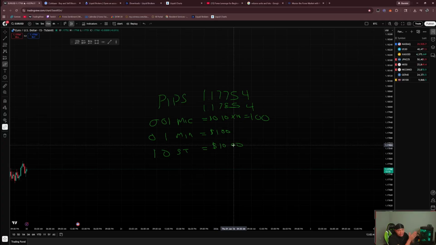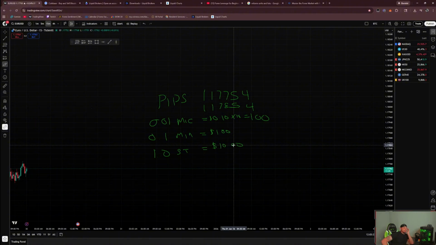So that's the basics of how you calculate pips. And with this, we use leverage accounts. So typically, if you have a $100 account, you don't want to use $1 per pip when you're trading, because that can take out your account fast. Usually you want to use like 20 cents per pip or 30 cents per pip. That's part of risk management as well.